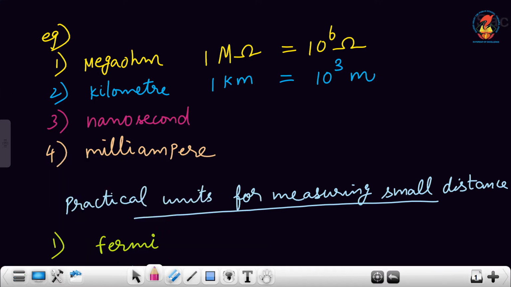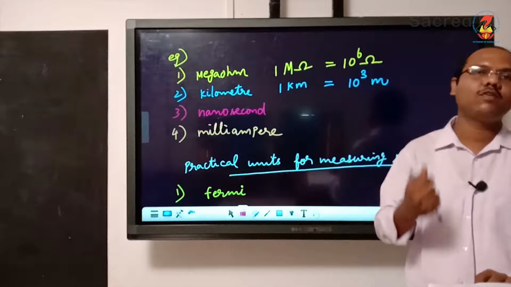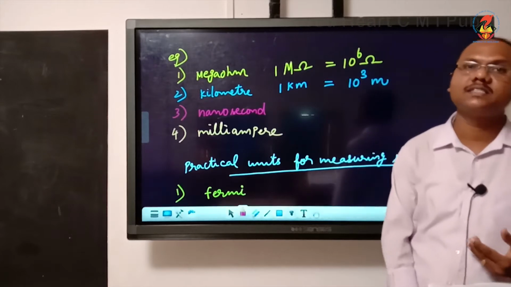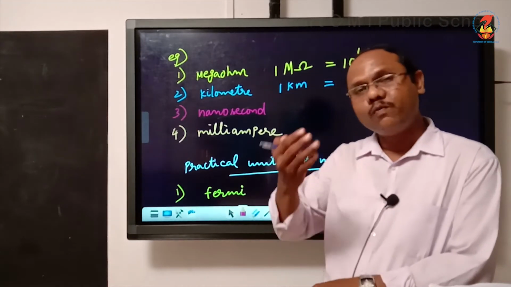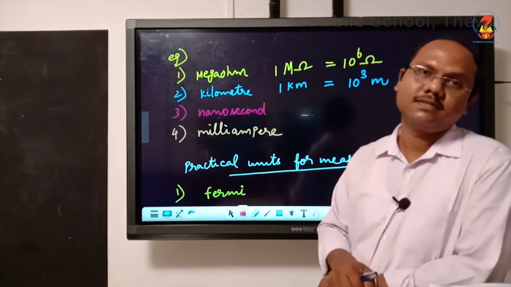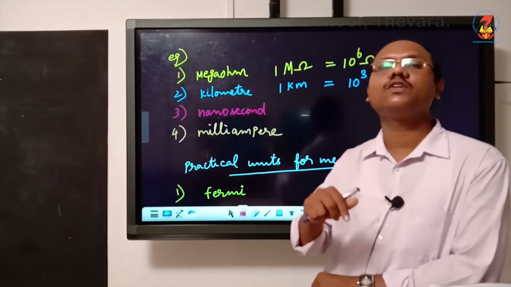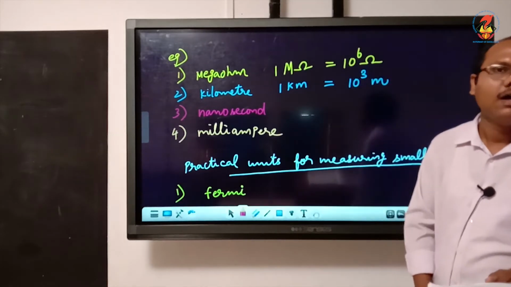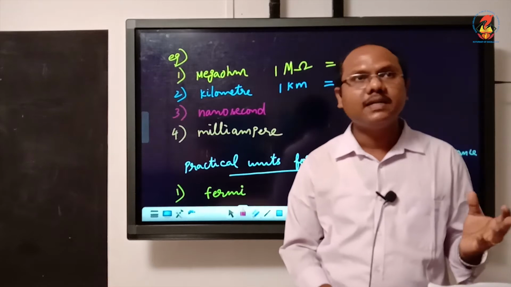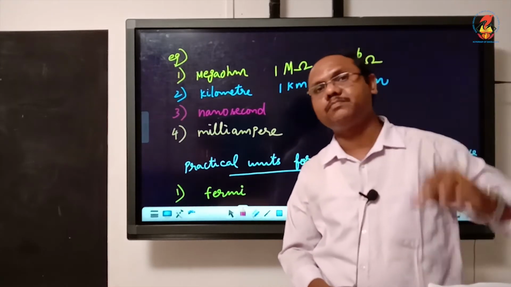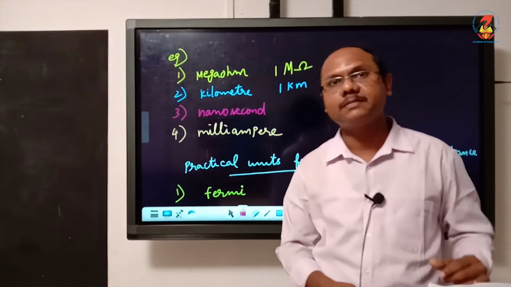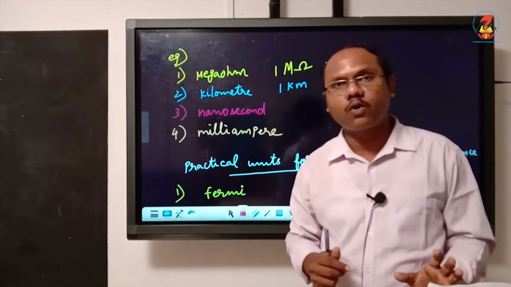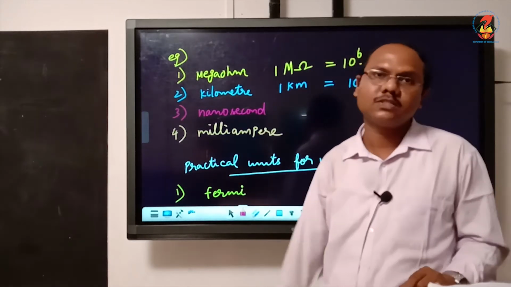Now comes nanosecond. Second you have already known. Then millisecond is 1 by 1000th of a second. Microsecond is 1 by 1000th of a millisecond. And nanosecond is 1 by 1000th of a microsecond. So that much smaller unit of time. The rocket launching and the satellite installation, everything, those space programs, all are measured in nanoseconds only.